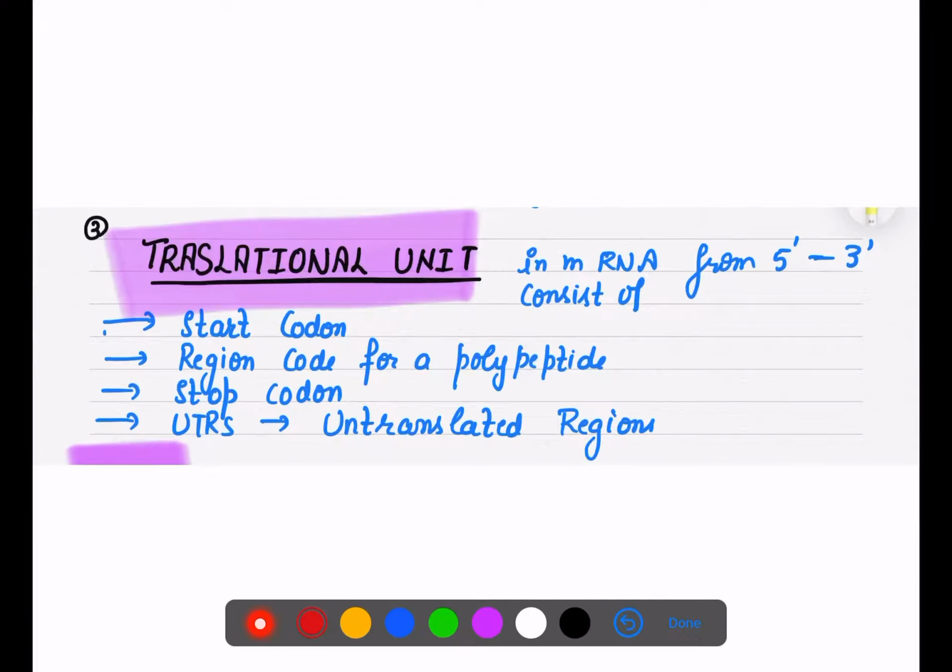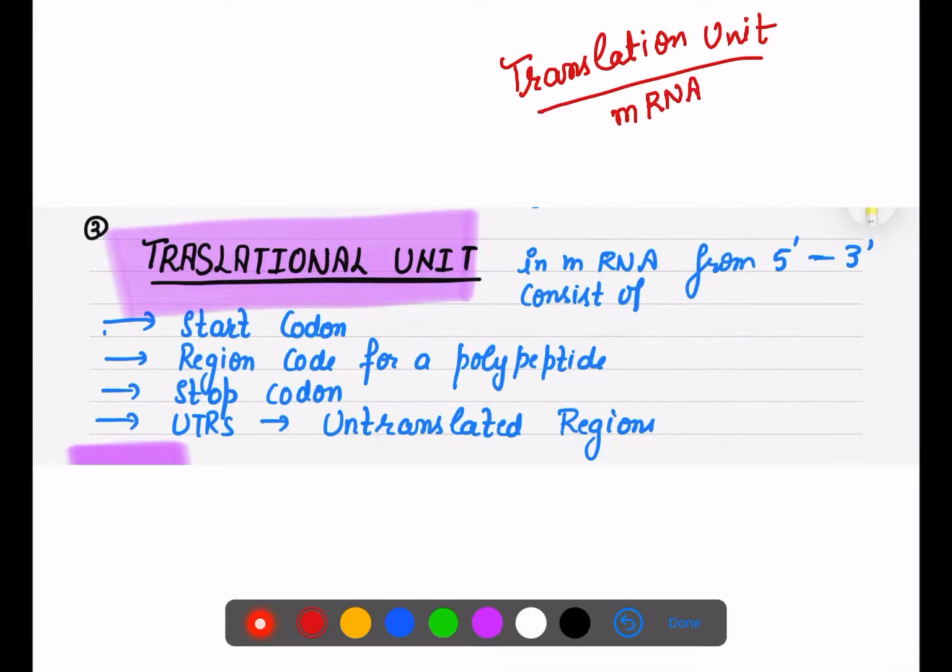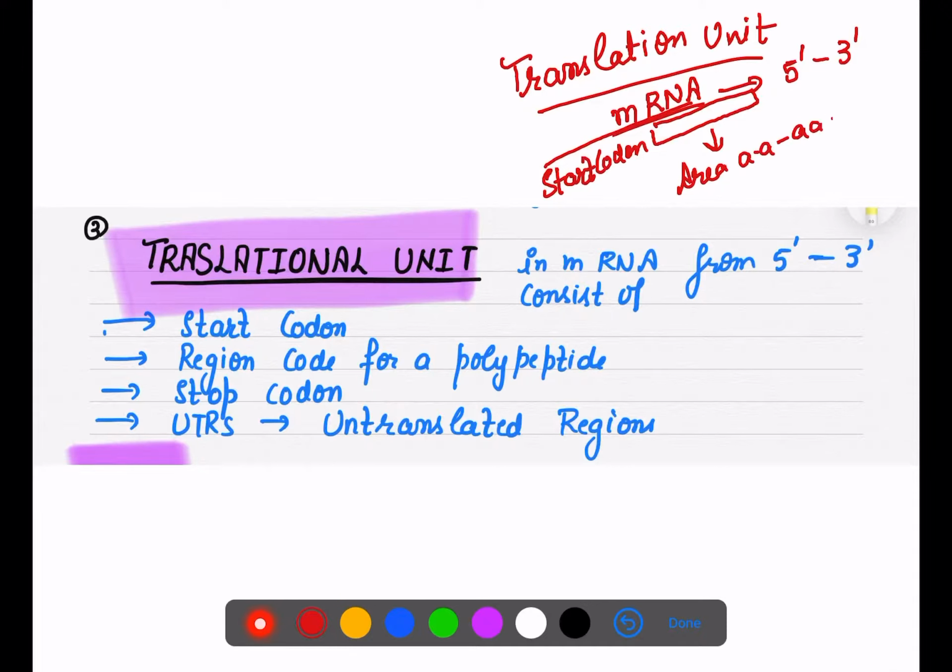Now in translation, sometimes even in vivas, the examiner asks what is so special about a translation unit, what do you need? You need specifically mRNA, from 5' to 3'. On the mRNA we need one start codon. There is an area from which amino acids are joined and the polypeptide is formed.